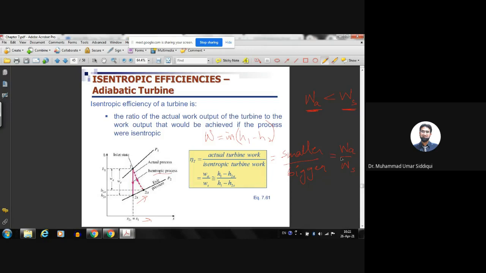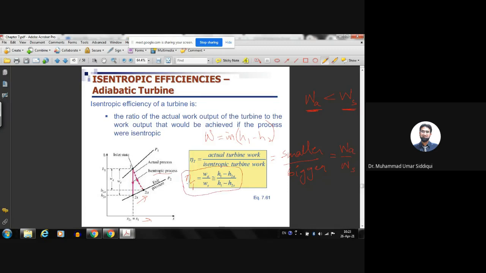So when we write the formulas for the actual work over the isentropic work, it will be m dot (h1 minus h2a) divided by m dot (h1 minus h2s). M dot can cancel because they are the same, so this becomes our formula for the isentropic efficiency of the turbine.